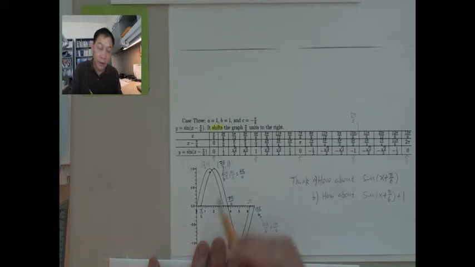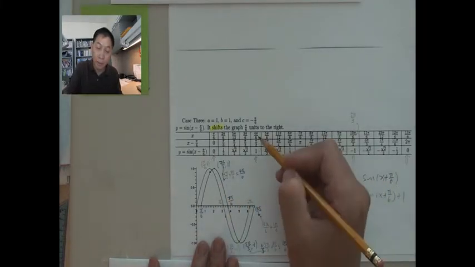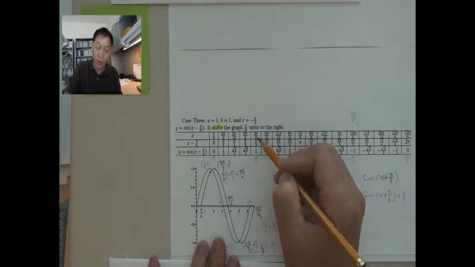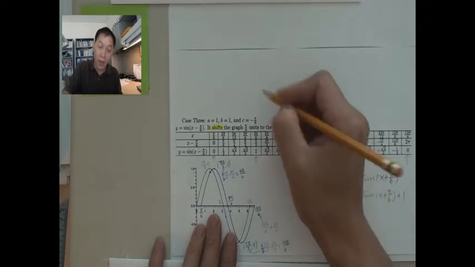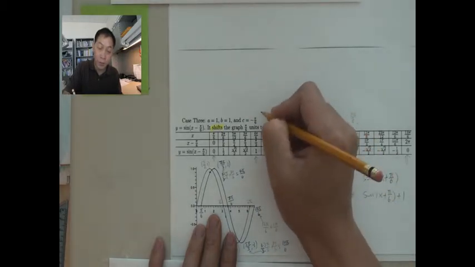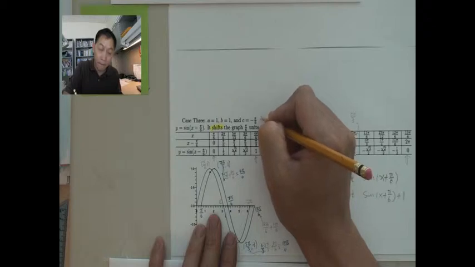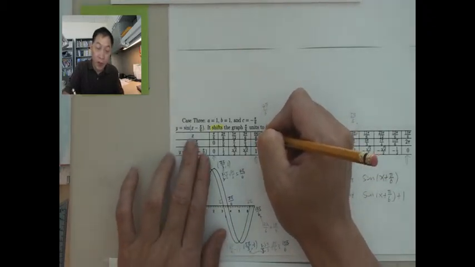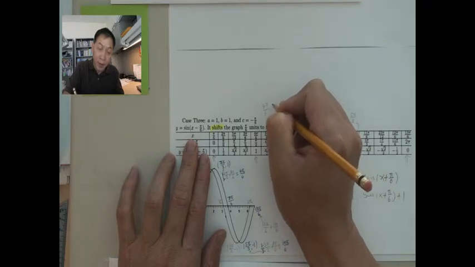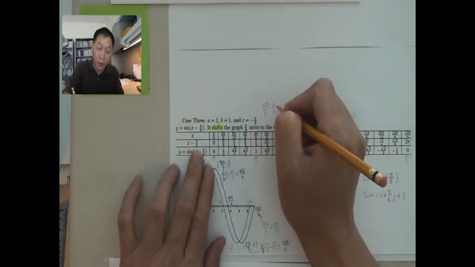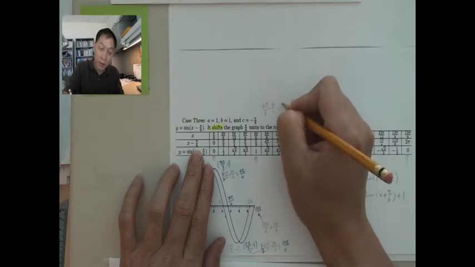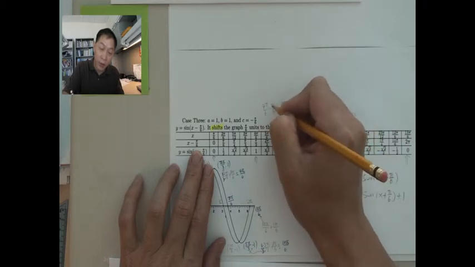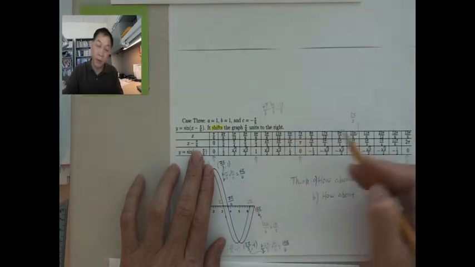All right, let's test this one, 4 pi over 6. If x equals 4 pi over 6, then minus pi over 6, because you have x minus pi over 6, that's 3 pi over 6, because 4 minus 1 is 3.